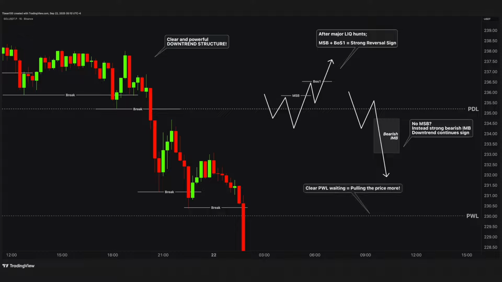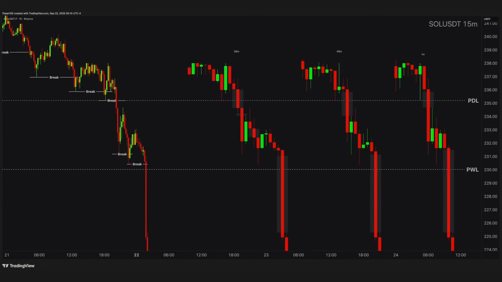Another thing to watch is the PWL, the previous week's low. You will notice the price often gets pulled toward this level almost like a magnet, dragging it lower and lower. Finally, one more thing to pay attention to is multi-time frame imbalances.